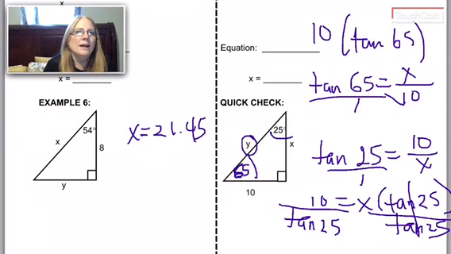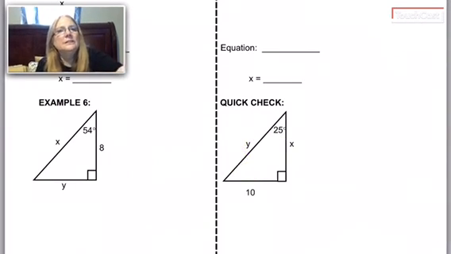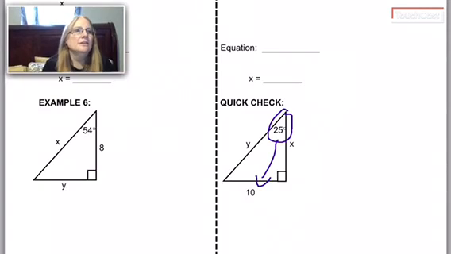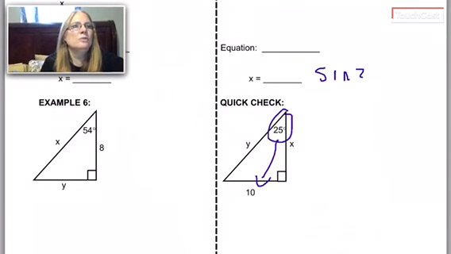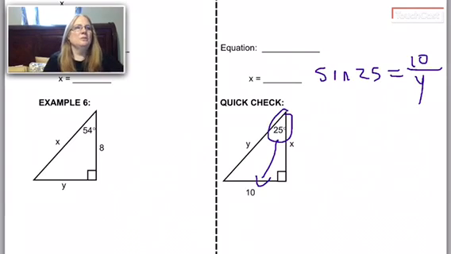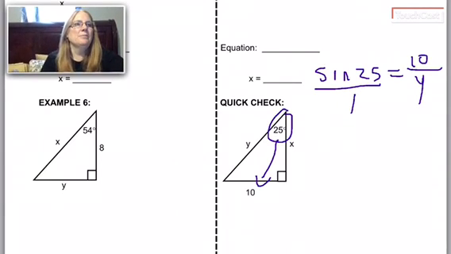Now to find y, we'll just use this 25. Then 10 is opposite, and so that's going to be sine. The sine of 25 equals opposite over hypotenuse. This time you don't have a choice. Y has to be in the denominator.